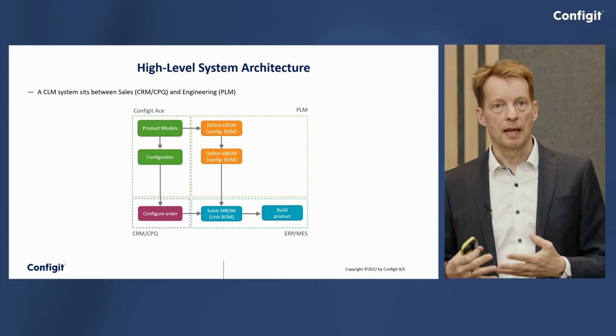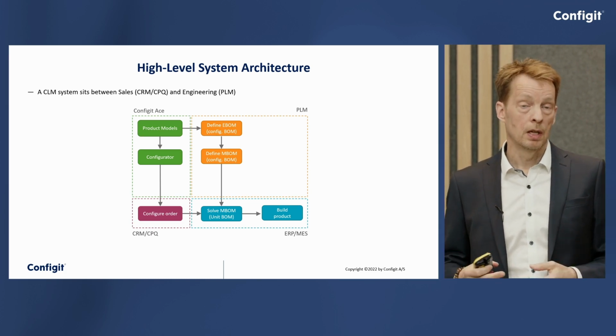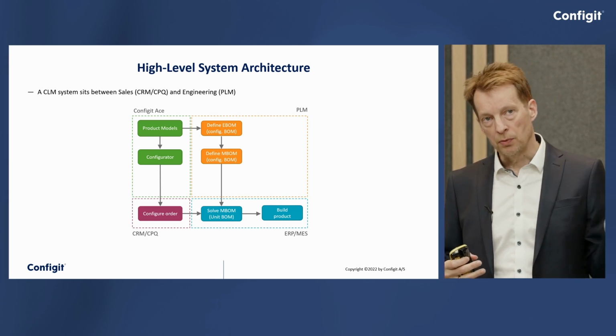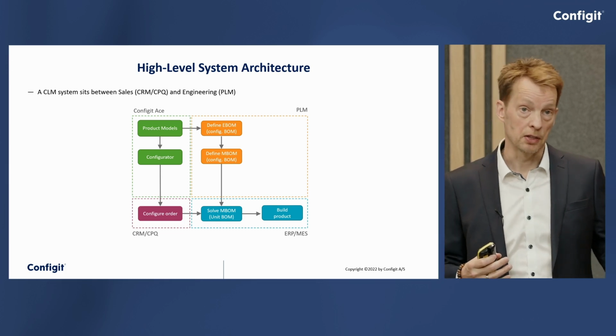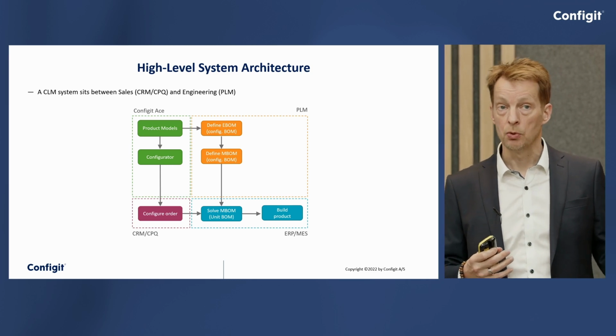And at some point that is being synchronized down to the manufacturing system, the ERP system, where it gets combined with the configuration that comes from the sales processes, whether that is a sales tool or a dealer portal or whatever it might be in this CRM, CPQ area.